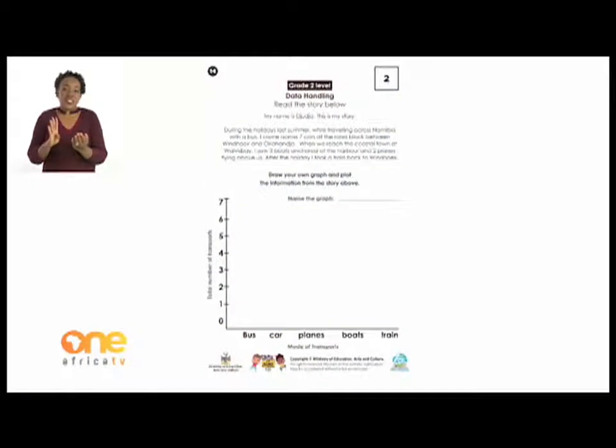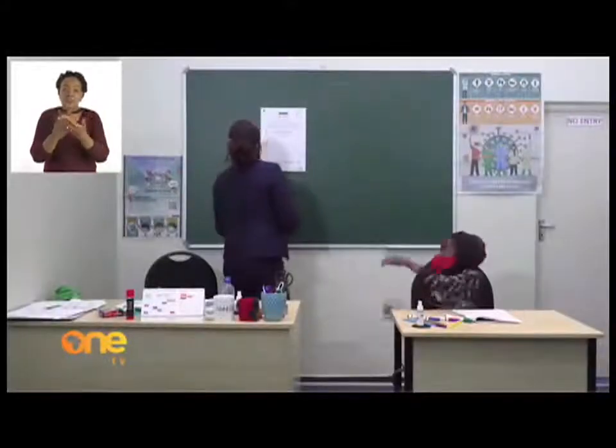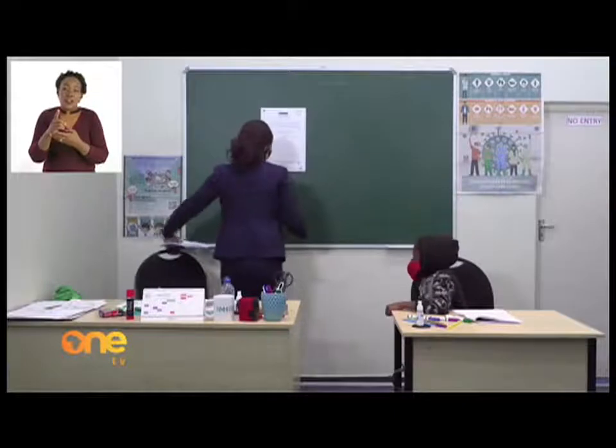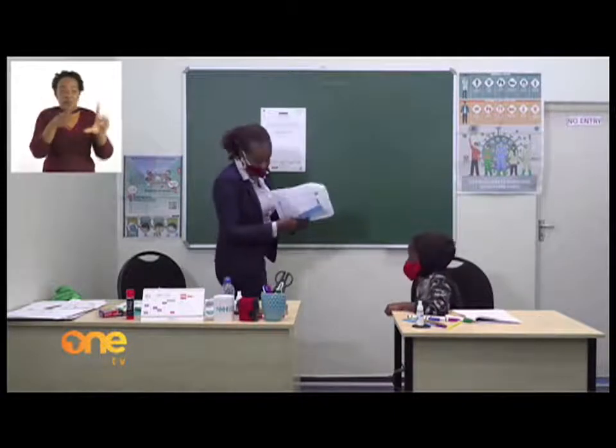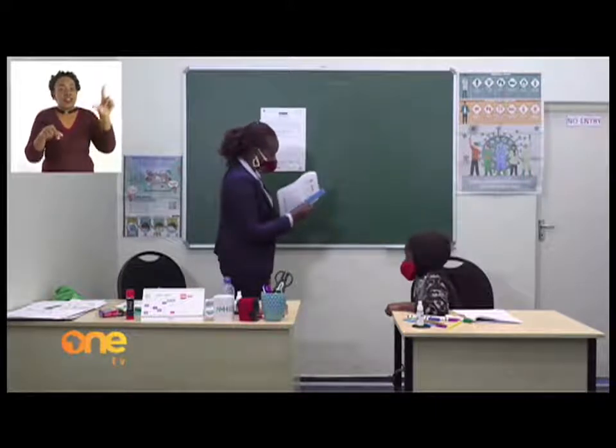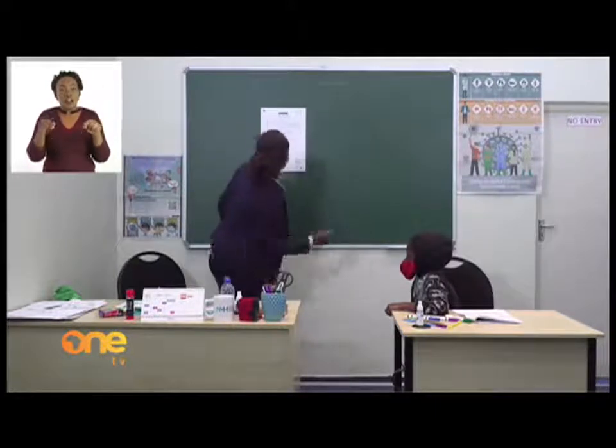Let's now turn to page 14, where we are going to talk about data handling. Okay. I have a picture on the board, and we want to start by naming the graph. Today, what we are going to use is called a bar graph.